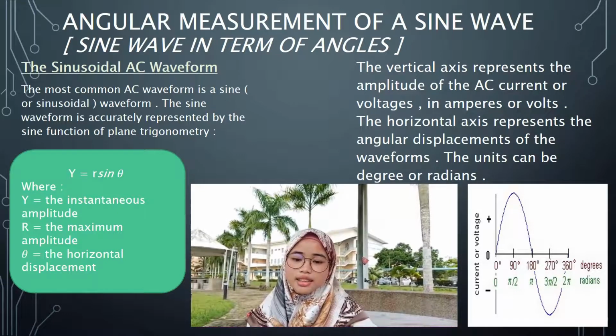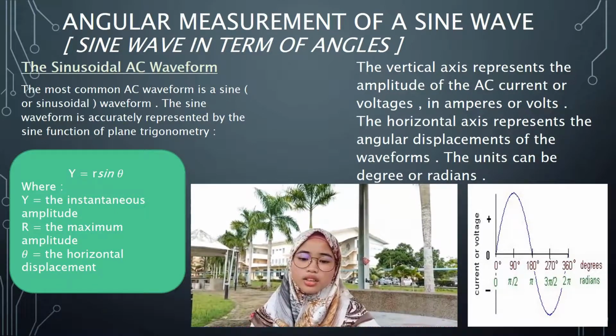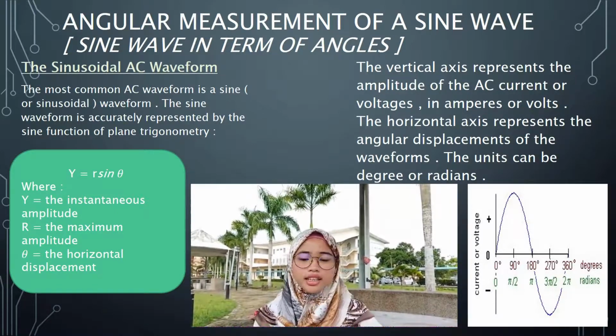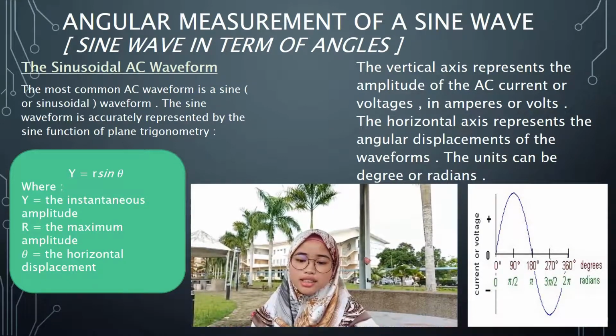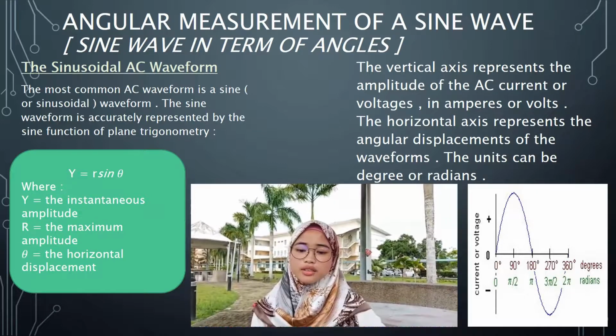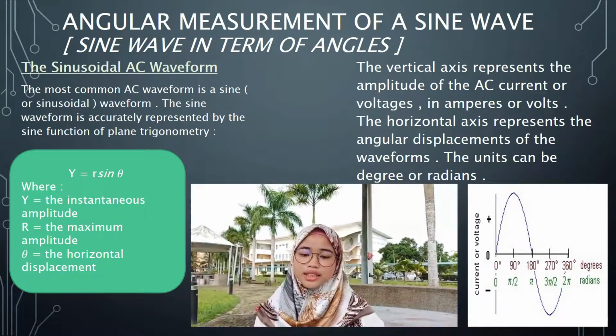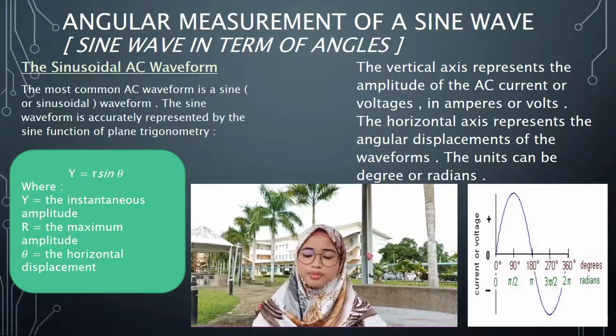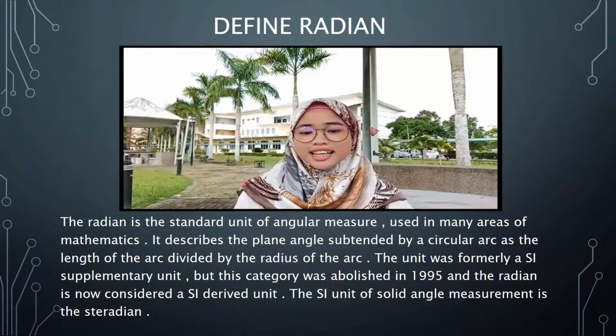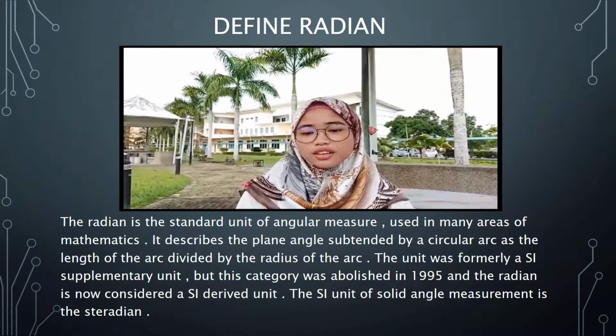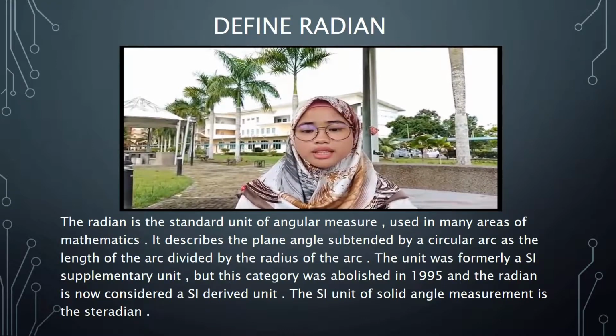The radian is the standard unit of angular measure used in many areas of mathematics. It describes the plane angle subtended by a circular arc as the length of the arc divided by the radius of the arc.